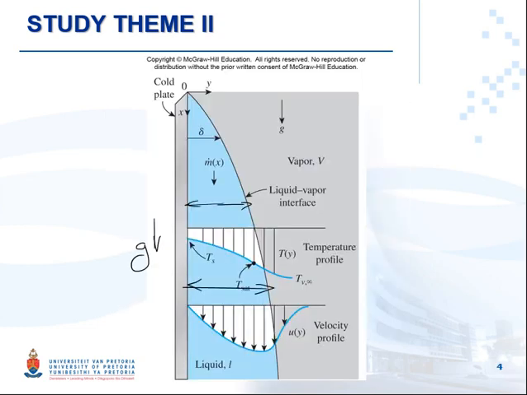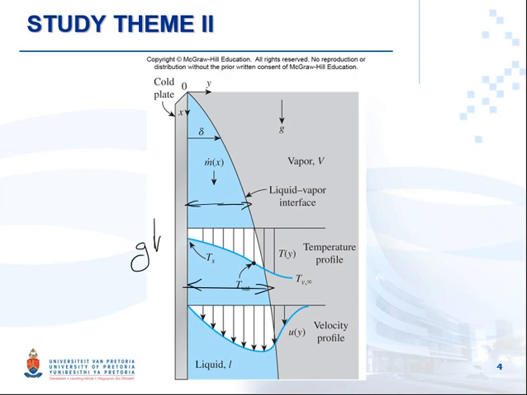If we start with film condensation on a vertical plate, this figure shows a typical velocity and temperature profile of the condensate. The velocity is 0 at the wall due to the no-slip condition, we are familiar with it, and reaches a maximum at the liquid-vapor interface.